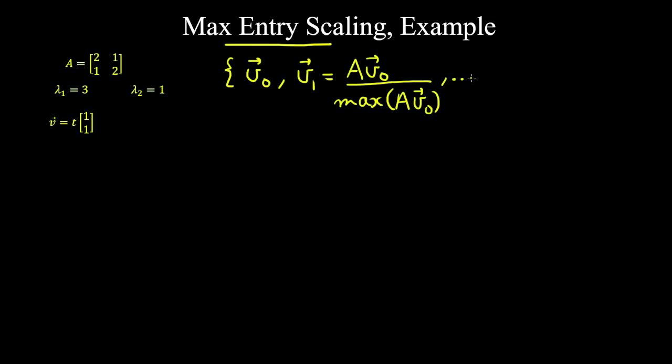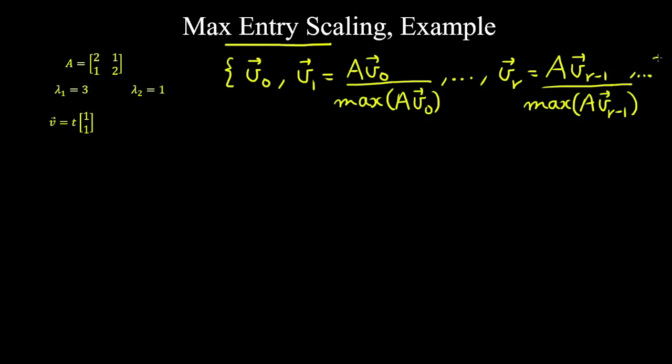So in general, we have the vector VR is A by VR minus 1, being the previous vector in the sequence, which is scaled by the maximum entry of A by VR minus 1. And this is an infinite sequence.